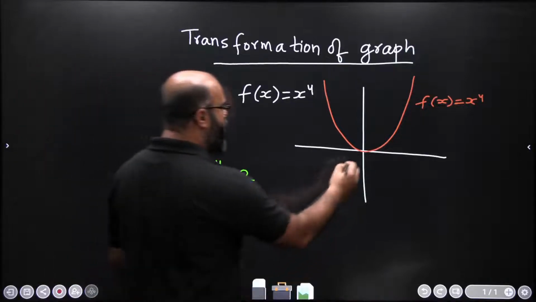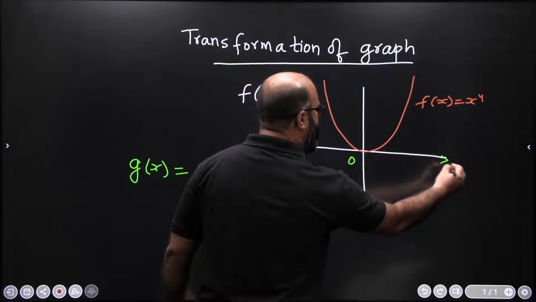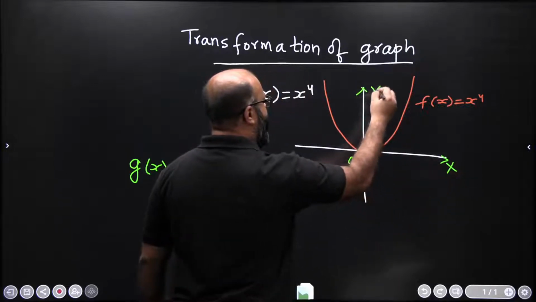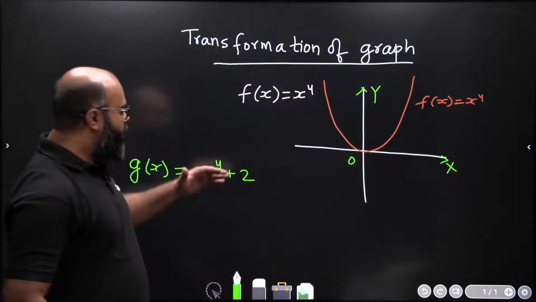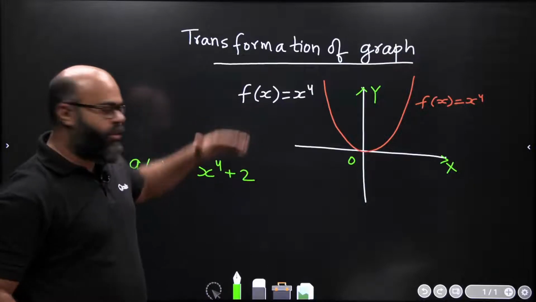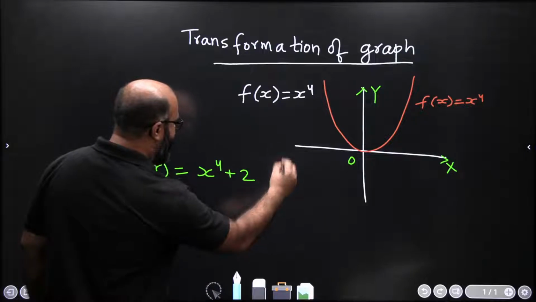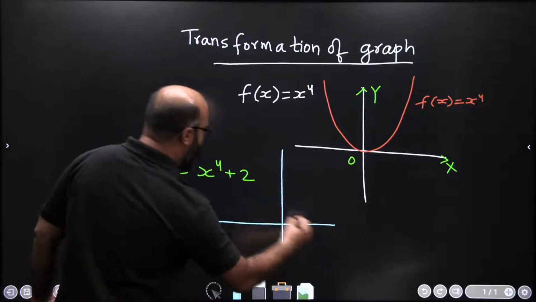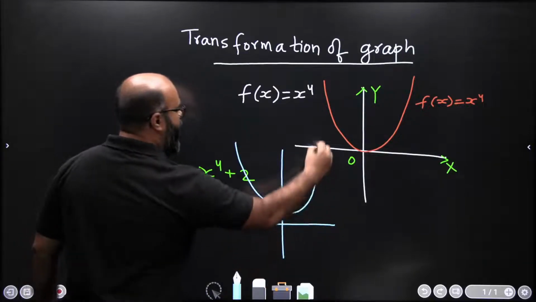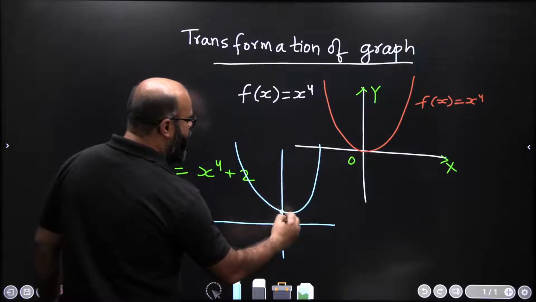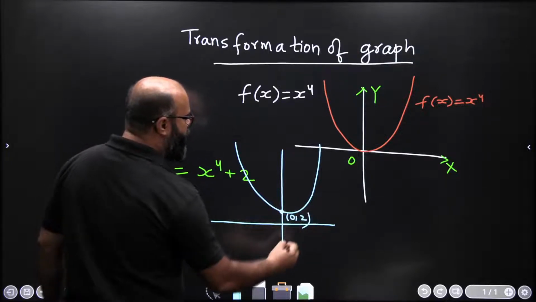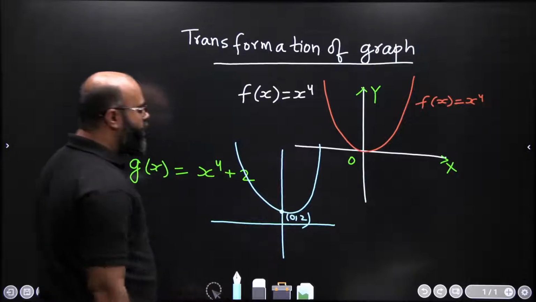Right now you have this graph like this, and these are the x and y axes. The graph will shift vertically upward. The graph would be something like this, and this point will become (0, 2). That is, the graph has shifted upward by 2 units.